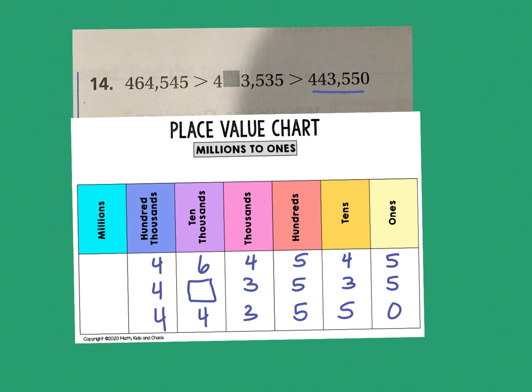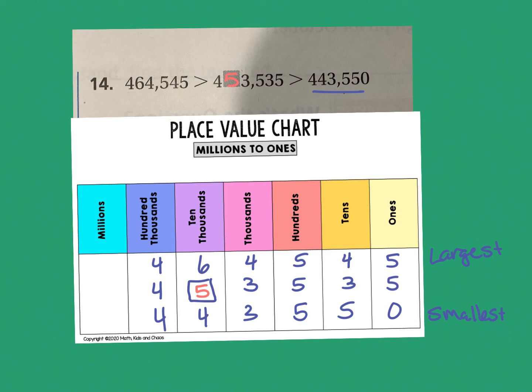And what we want is for this number to be the largest and this number to be the smallest. And you notice in the 100,000s place we're equivalent. This needs to be the largest as a 6, and this needs to be as smallest as a 4. So this number needs to be in between 4 and 6. So what number falls right between 4 and 6? Yes, you're right. It is a 5.